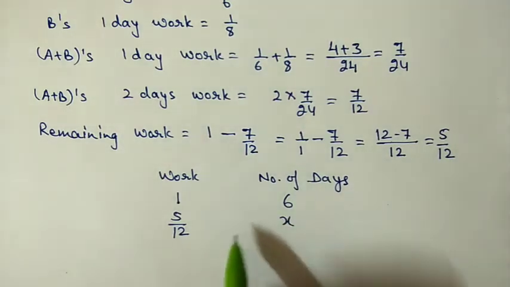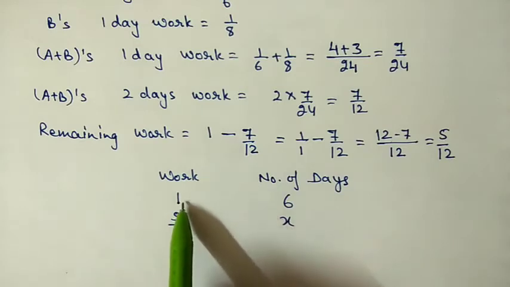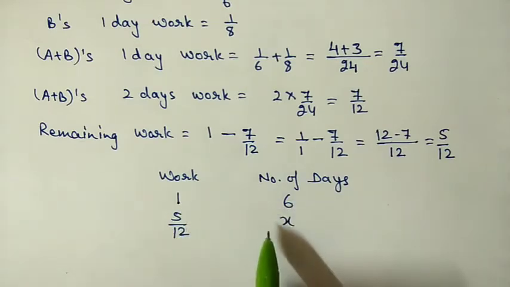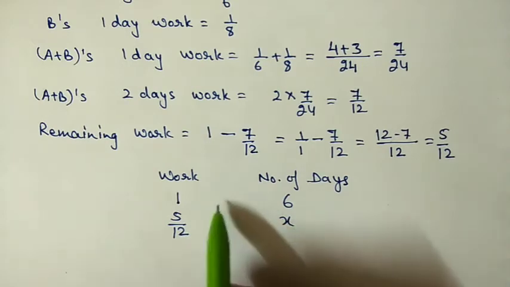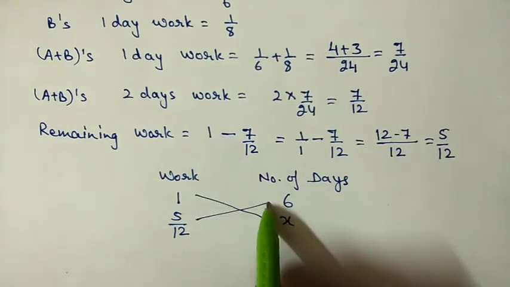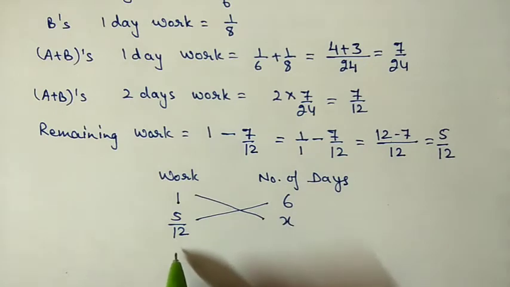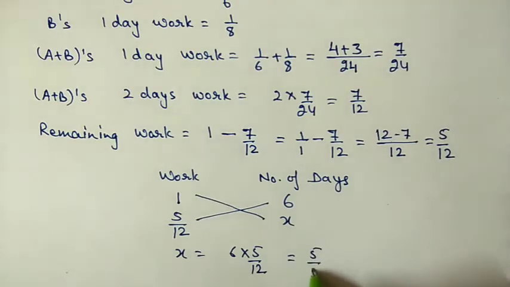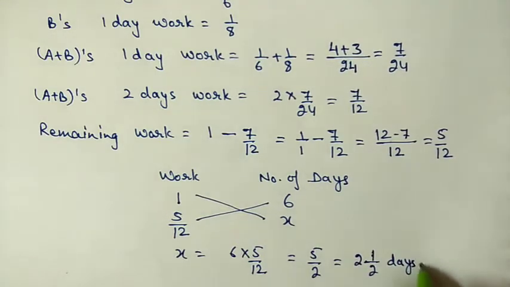And the number of days and work are direct variation. If work is more, A will take more days, and if work is less, A will take fewer days. So for direct variation we have to cross multiply. So 1 into X is equal to 6 into 5 by 12, which we can write as 5 by 2, which is equal to 2.5, or 2 whole number 1 by 2 days.